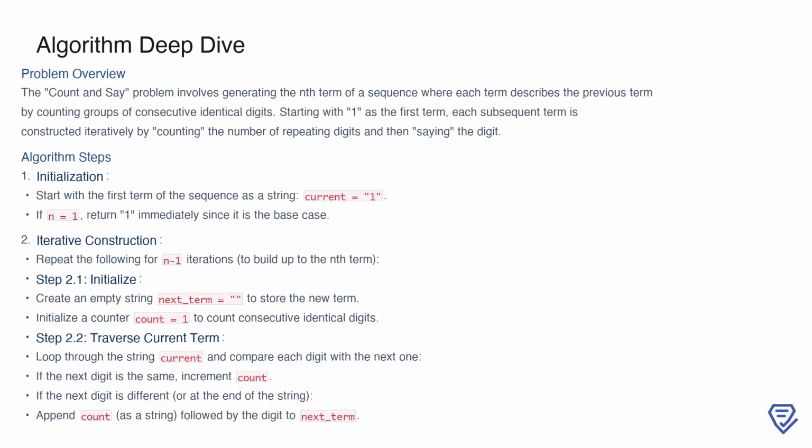During each iteration, we prepare to build the next term by initializing an empty string, next_term, and a counter, count, to track consecutive digits. We then traverse the current term, comparing each digit with the next. If they match, we increment the counter; if not, we append the count and the digit to next_term, which captures the count and say description. This iterative process repeats for n-1 iterations to generate the desired nth term.